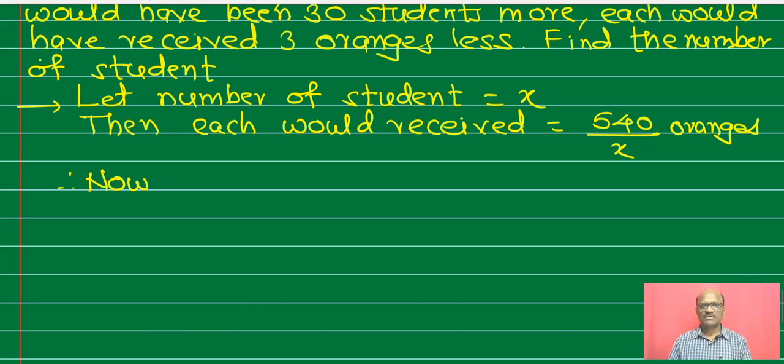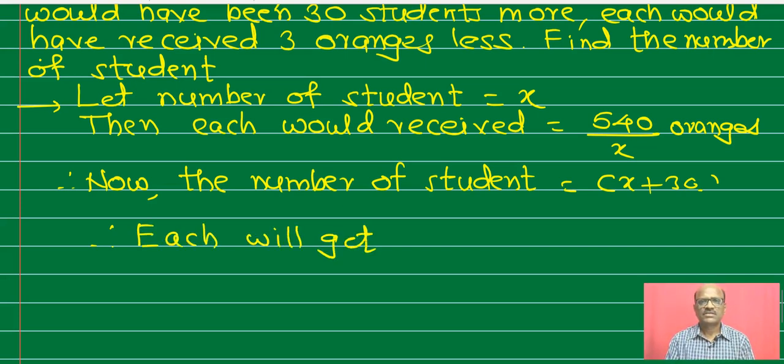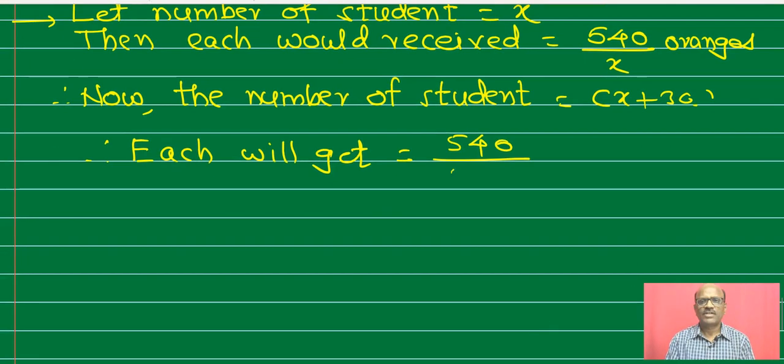Now the number of students increased, that is x plus 30. Therefore, each will get 540 upon x plus 30.